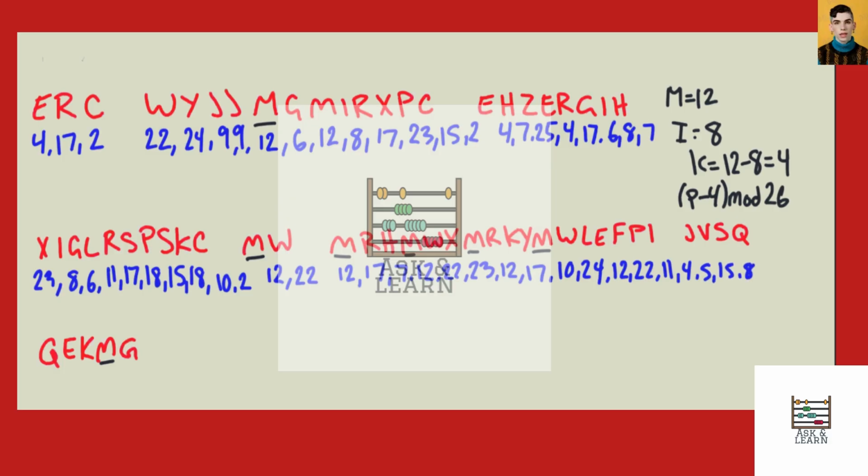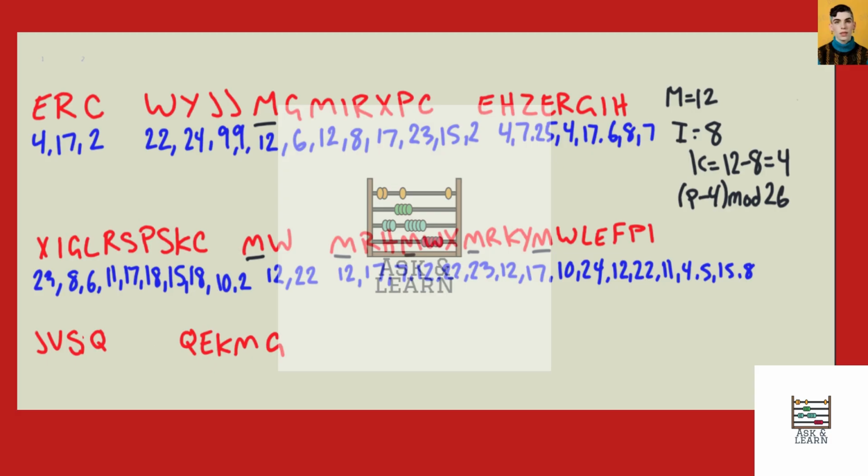15, 8. Okay, and so this set is really just this here, so we'll move the JVSQ down a row as well. So things are a little bit more lined up. So if we have JVSQ and the QEKMG.